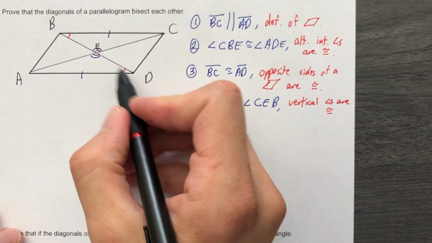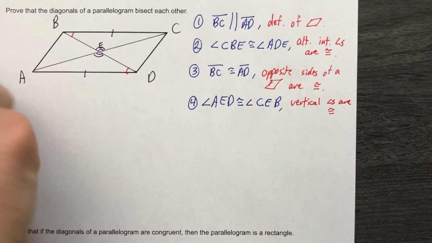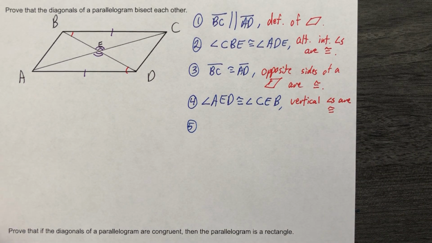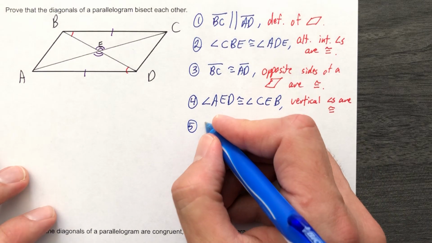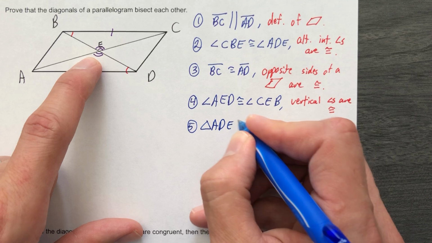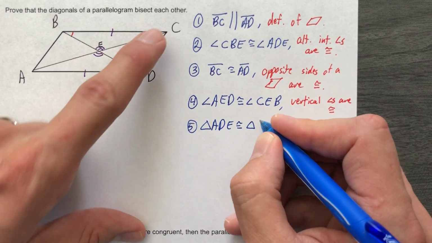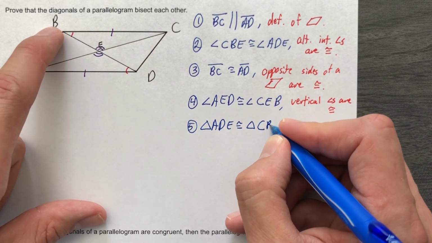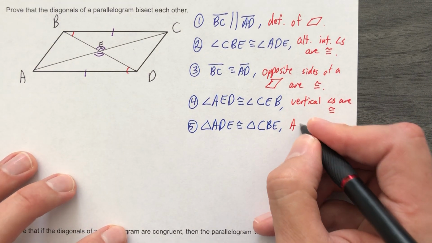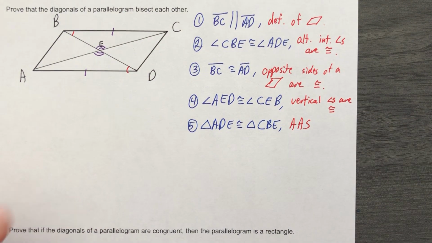We've proven angle, angle, and a side. So now we're going to say, well, you know what? I got angle, angle, side going on. Why don't we go ahead and do this situation? But let's match up the corresponding parts. So triangle A, D, E is congruent to triangle C, B, E. And I know that because of angle, angle, side.